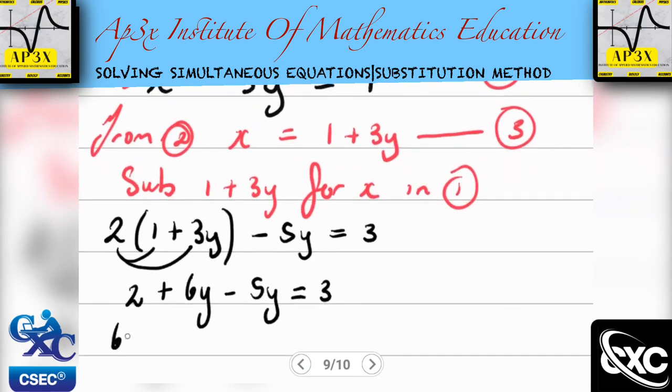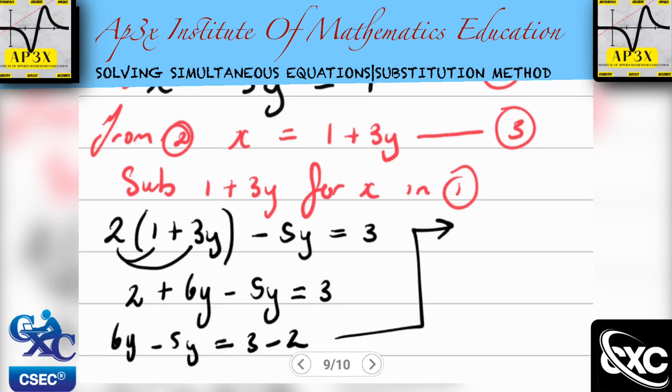We can say 6y minus 5y, and then I'm going to be transposing the 2 to the right side, so I'm going to end up equal to 3 take away 2. Positive 2 goes over, becomes negative 2, and the 6y and the 5y remain on the left hand side. So then what do I have then? 6y minus 5y is, of course, y, and 3 take away 2 is 1.